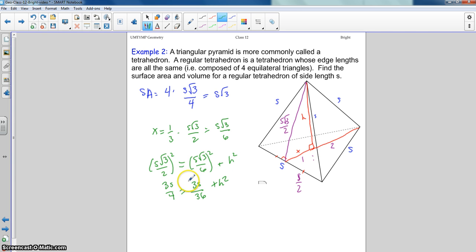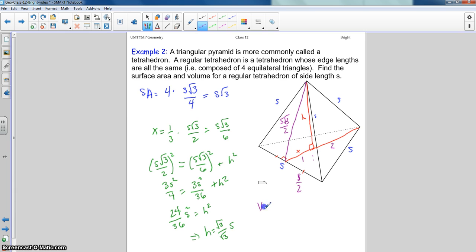Okay, and then simplifying this down, you get 24 over 36 s squared is equal to h squared. Okay, and then finally, this would give you that height is equal to square root of 2 over the square root of 3 times s. And then finally, we're ready to do volume.